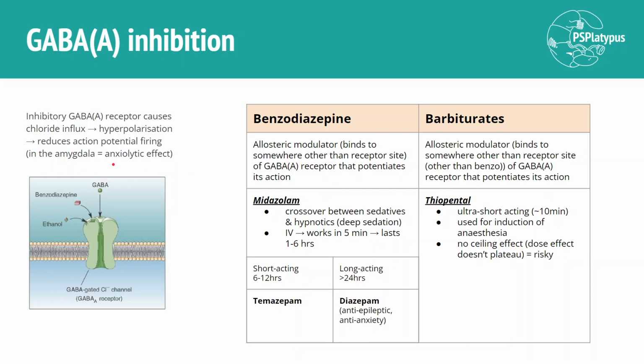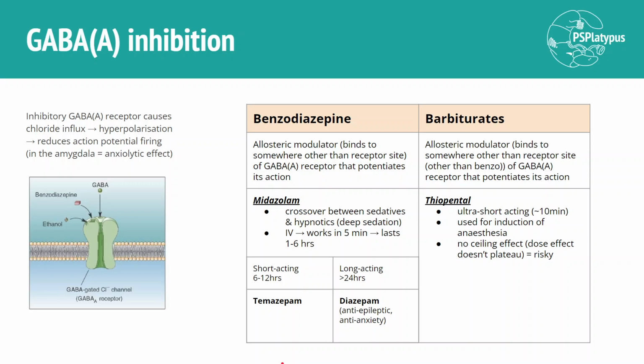And it can act in different places for different effects. For example, the amygdala is responsible for the fight and flight anxious response. So acting here will cause an anxiolytic effect, and the two main drugs we're going to talk about are benzodiazepines and barbiturates.